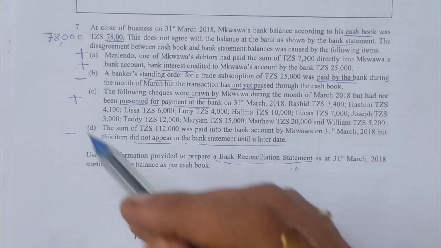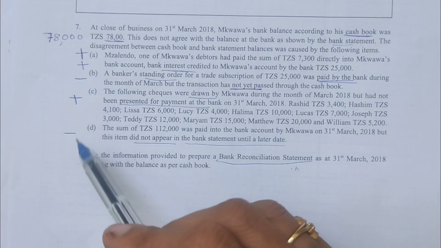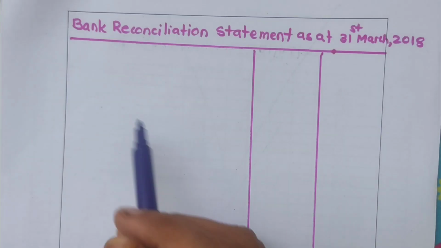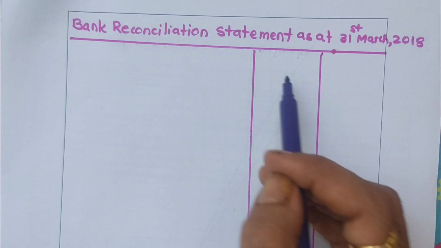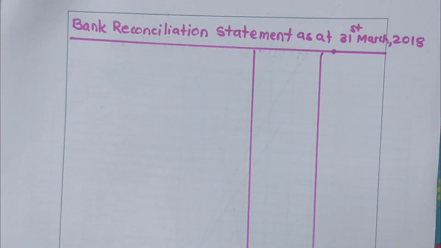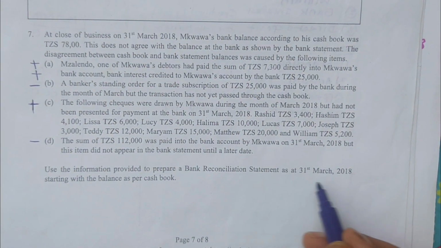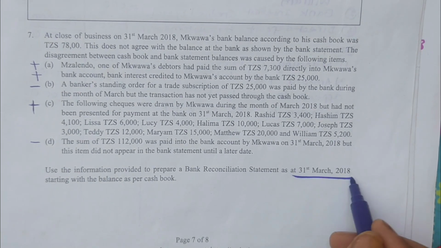So now first we did this, what we have to plus, what we have to minus, then now we will make bank reconciliation statement. So this is the way bank reconciliation statement as at 31st March 2018. You can see in the question it is given bank reconciliation statement as at 31st March 2018.